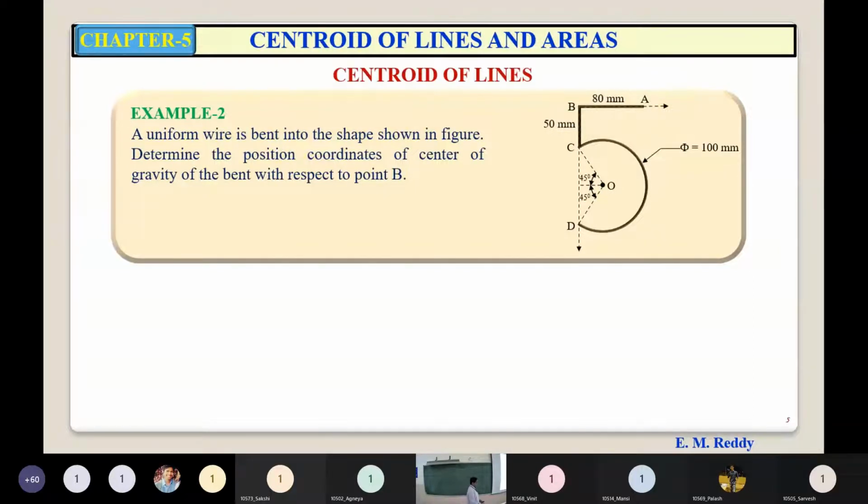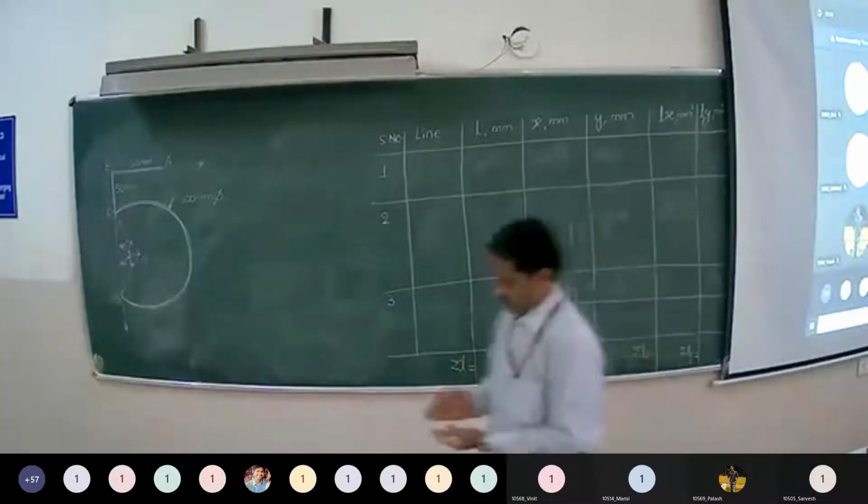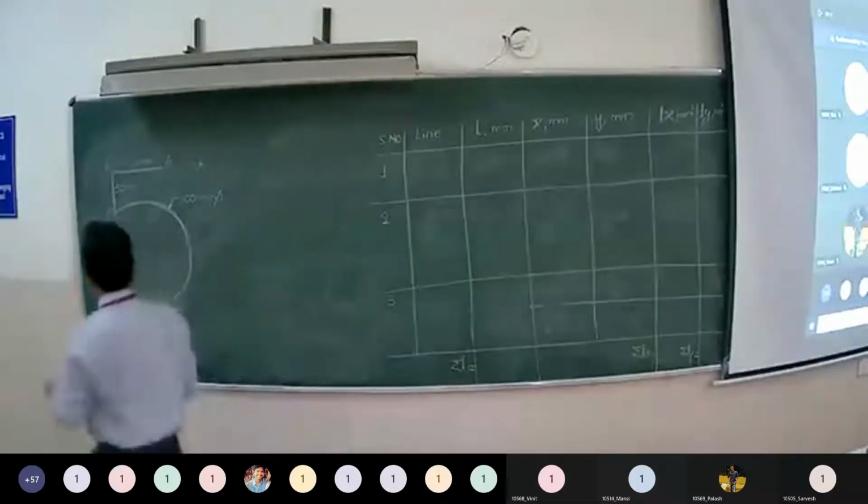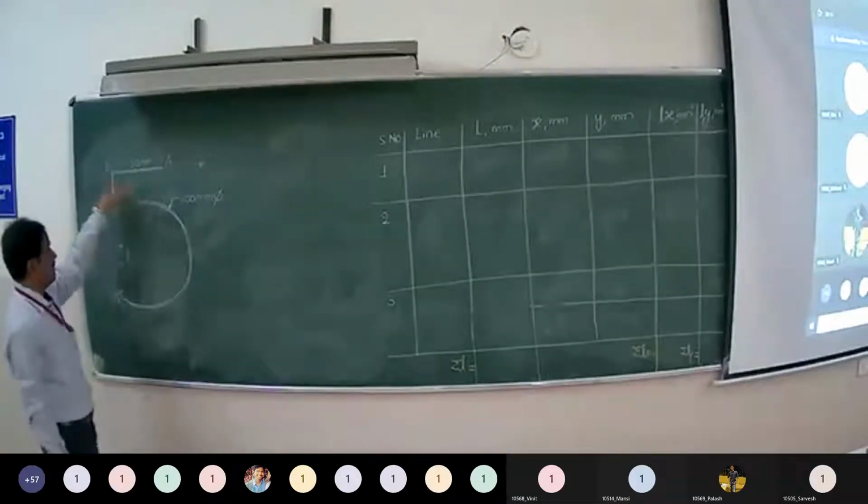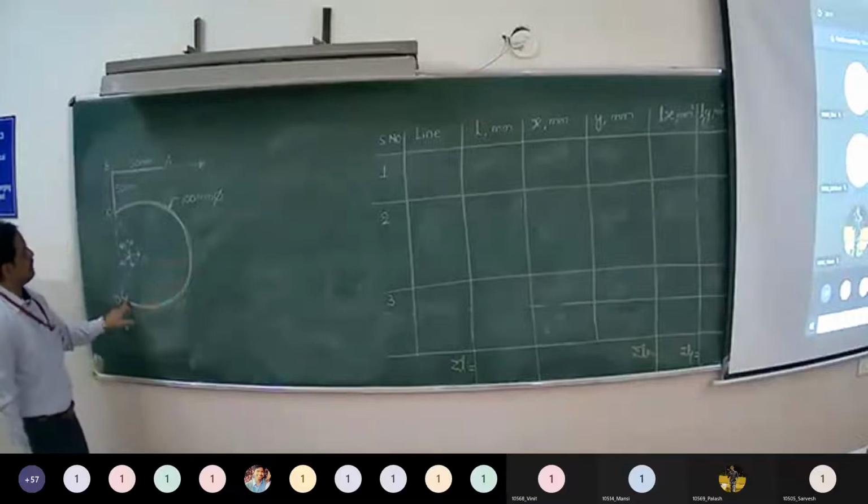A uniform wire is bent into the shape shown in figure. Determine the position coordinates of center of gravity of the bend with respect to point B. So this bend is in the shape of a number 5.